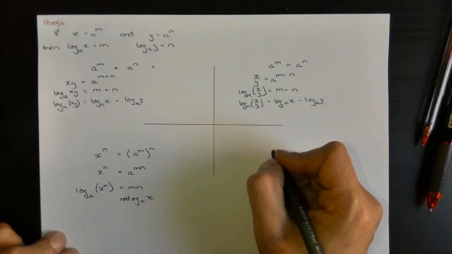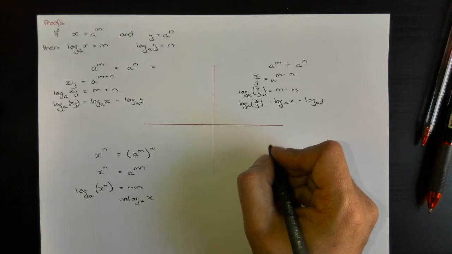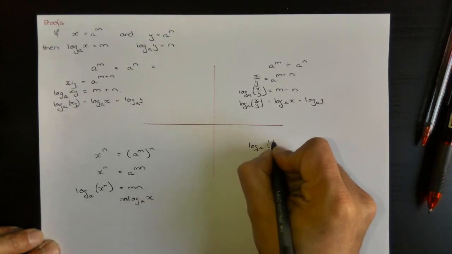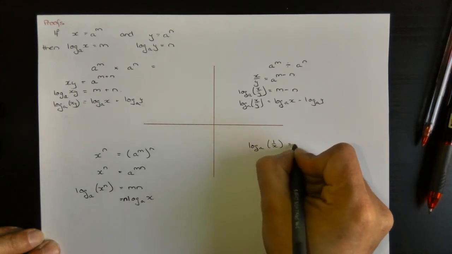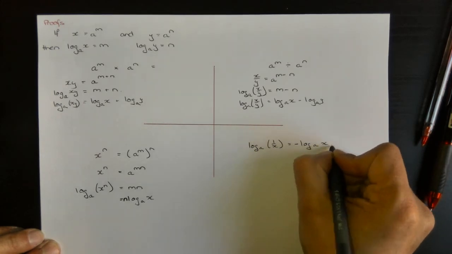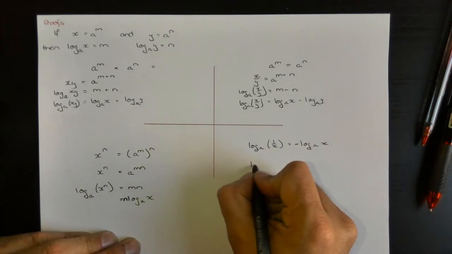Okay, and the other one that we had was log a of 1 over x is equal to negative log a of x. Alright, so let's say we have this.